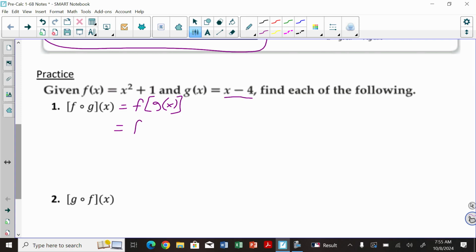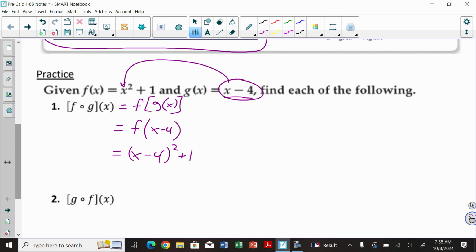So really, we're taking f of the g of x, which is f of x minus 4. Now we're plugging that x minus 4 into the f function. So now we're saying x minus 4 squared plus 1, because we're plugging it into the f function.